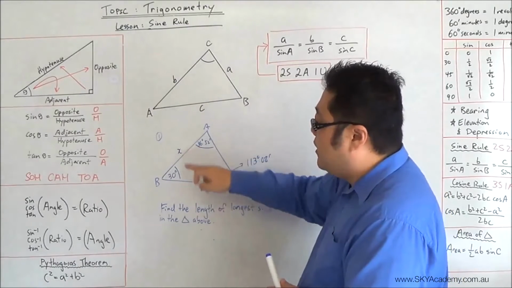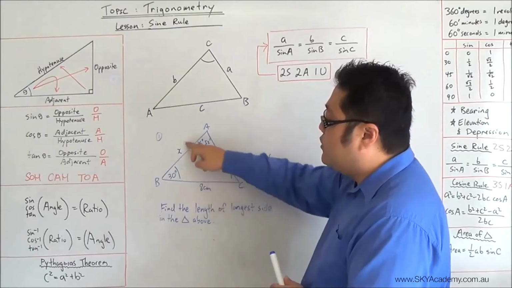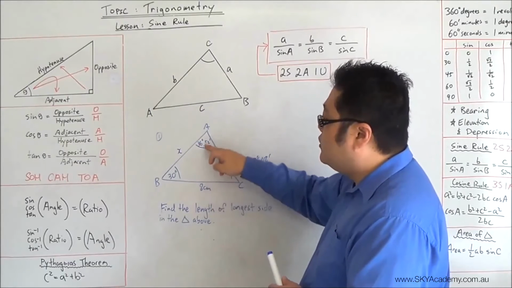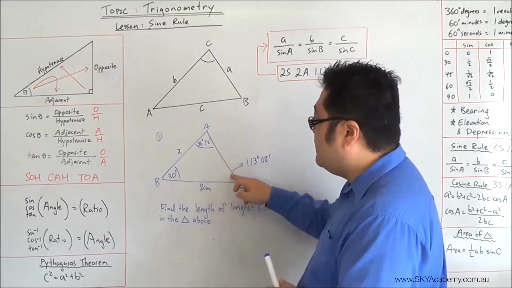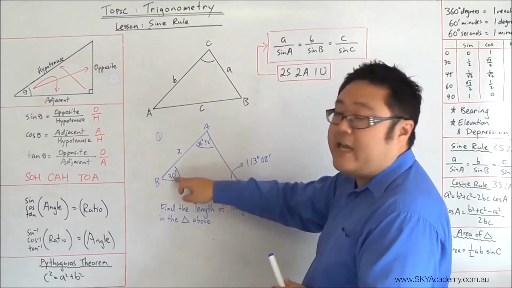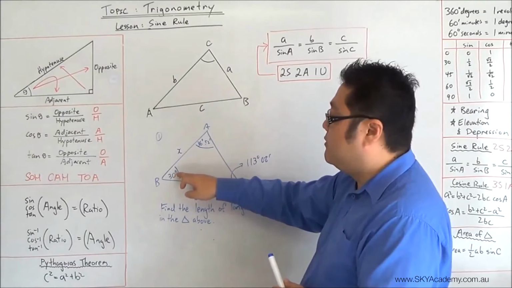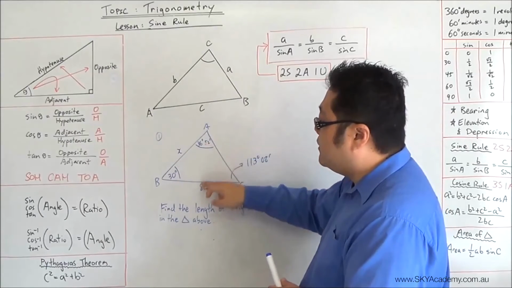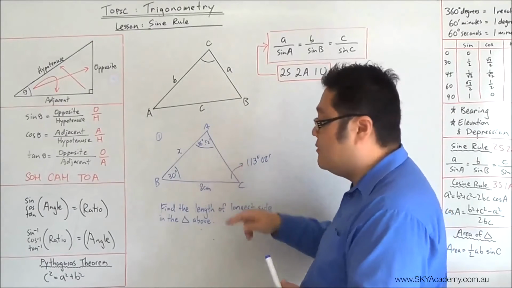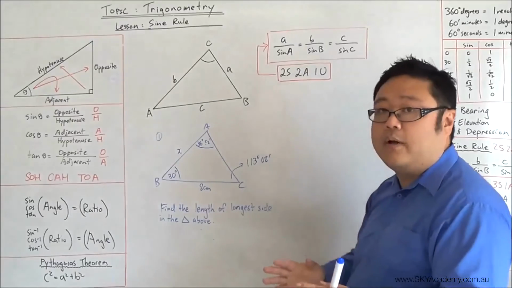This angle here is irrelevant. We just want the two sides that are opposite the two angles, and then we can work out the sine rule.